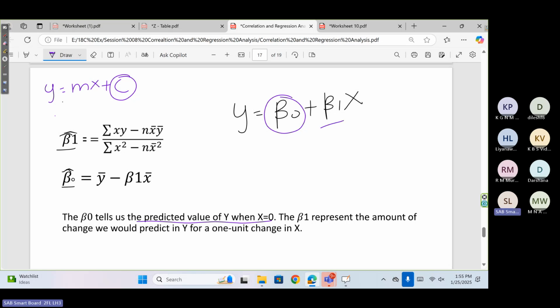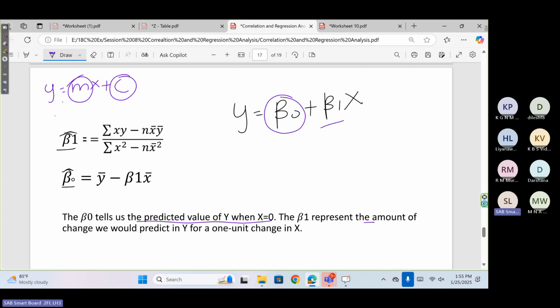Beta 1 is the slope. Slope means when the x value, the independent variable, increases by 1 unit, how many units does y change? Does it increase or decrease, and by how much?